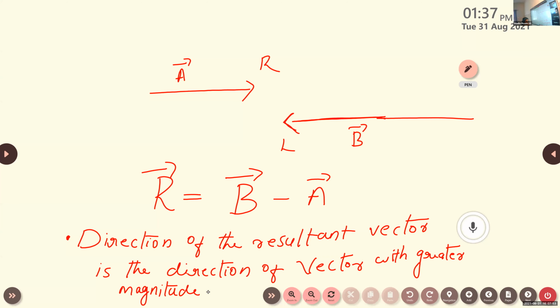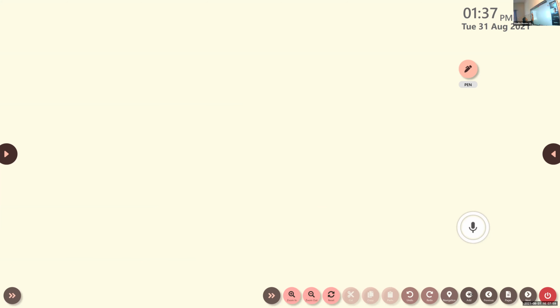I will give you one numerical example. Suppose we have two vectors with a magnitude 4 centimeter and 3 centimeter.